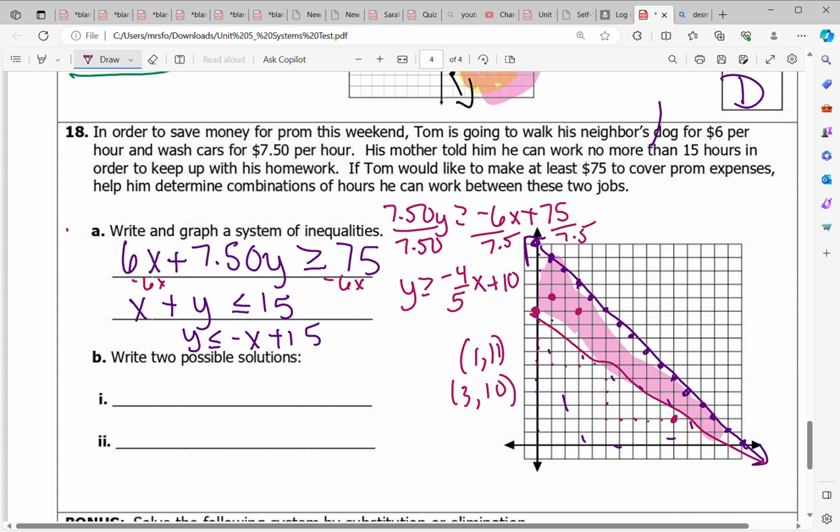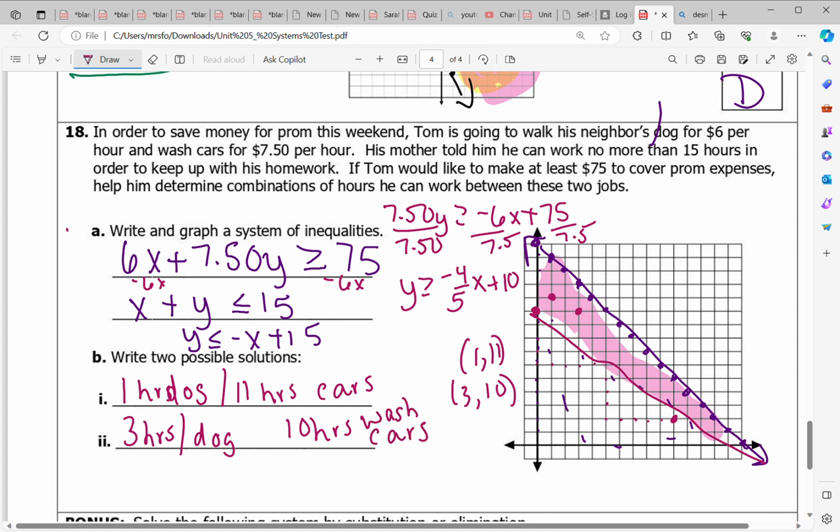And that would mean 2 possible solutions is 1 hour walking dogs and 11 hours with cars, or 3 hours walking dogs and 10 hours washing cars. Okay.